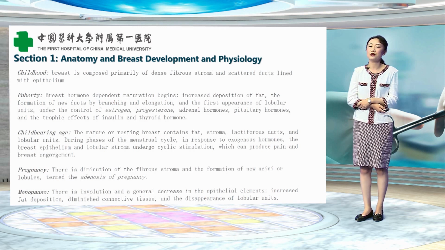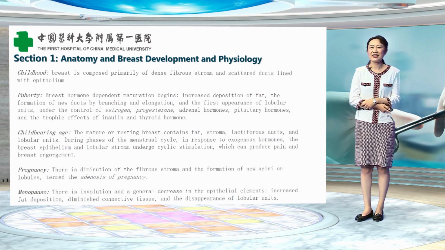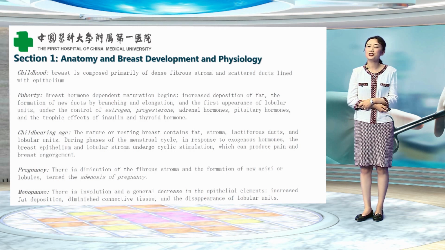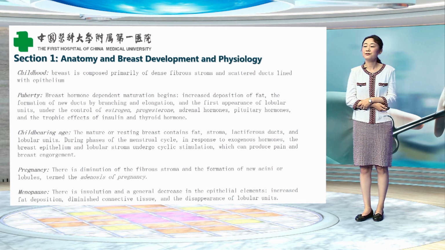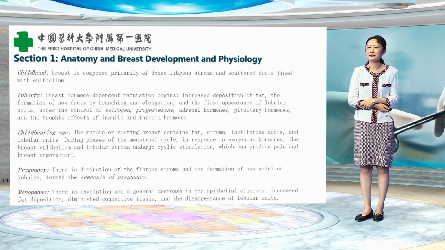I think in the histology lessons you have already learned about that. The change of breast acini during the menstrual cycle shows that this process is hypertrophy and alteration of morphology rather than hyperplasia. So it is a physiologic process, not a pathologic process.